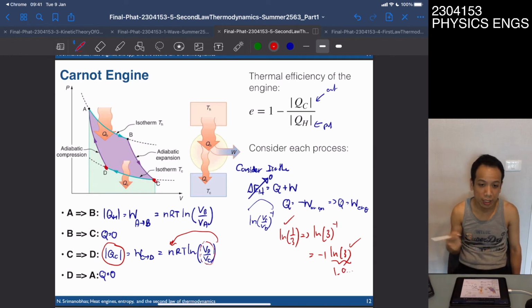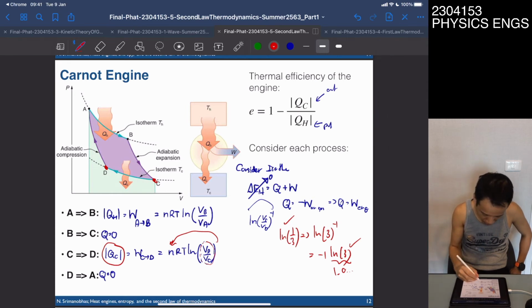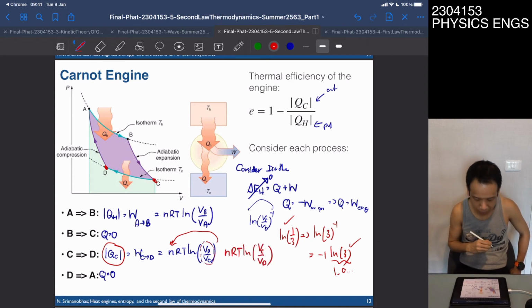It means that in this process the gas doesn't do work. There's some work that needs to be done on the gas, which is the right statement. So basically you can write it in the positive way: nRT natural log VC over VD.